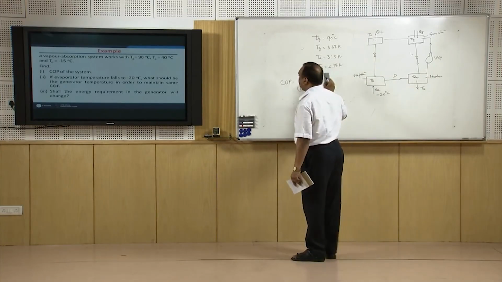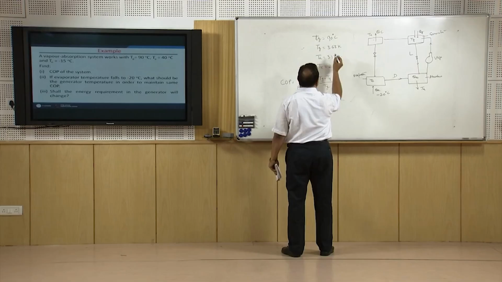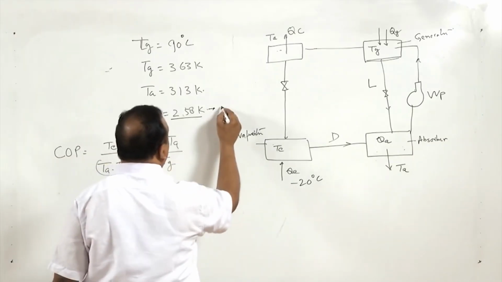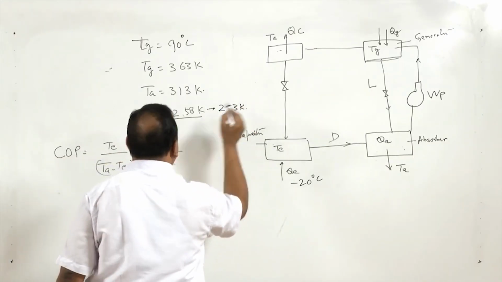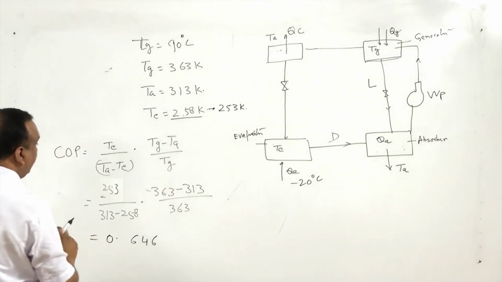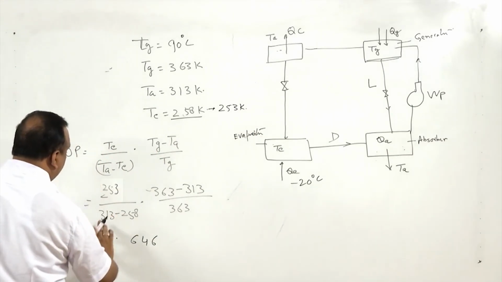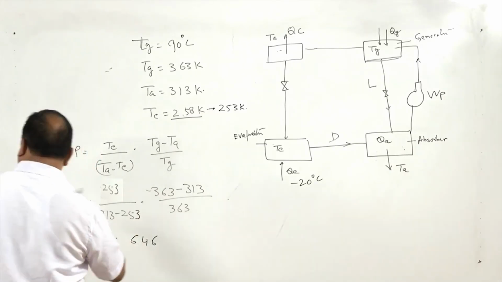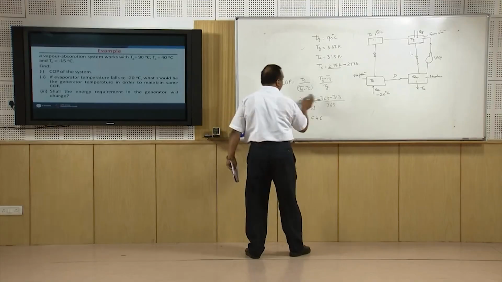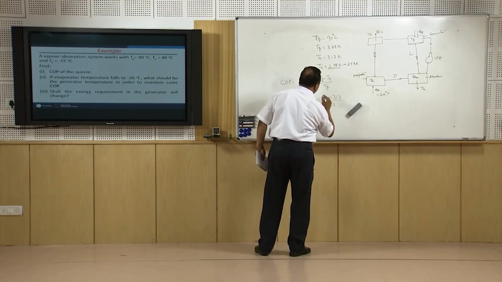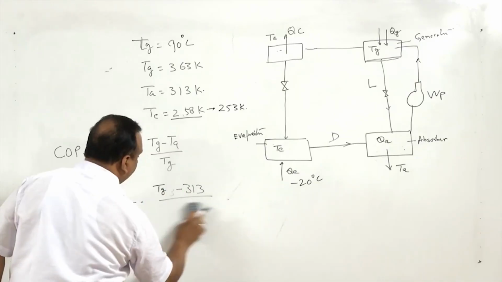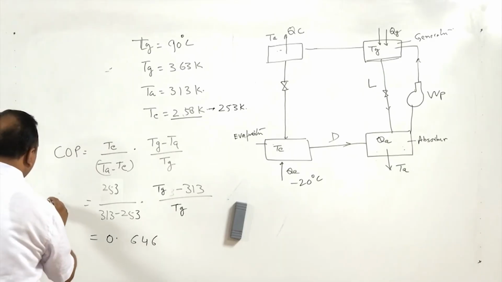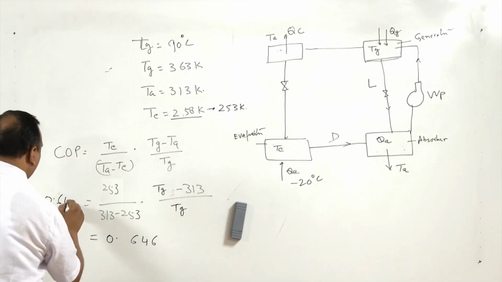Now TE falls to minus 20 degree centigrade, so it becomes 253 Kelvin. TA is the same, 313 Kelvin. Now TG we have to find, and COP remains the same, 0.646.